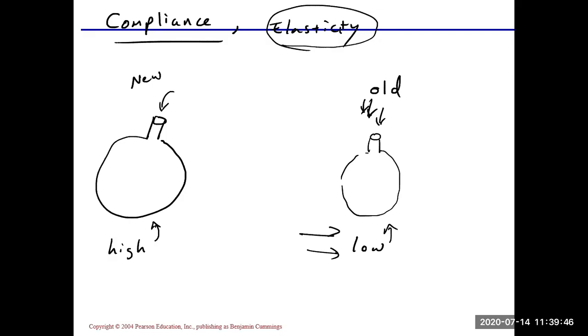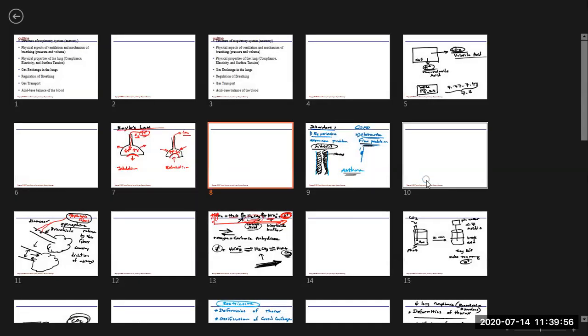In general, there are two kinds of disorders that you want to look at. One of these is known as restrictive disorders, and the other one is obstructive disorders. Let's start with restrictive disorders, because they are related to expansion.